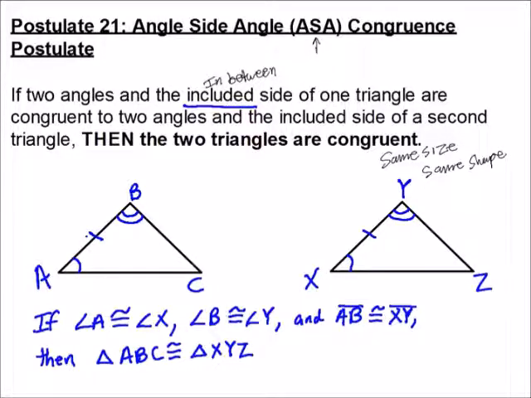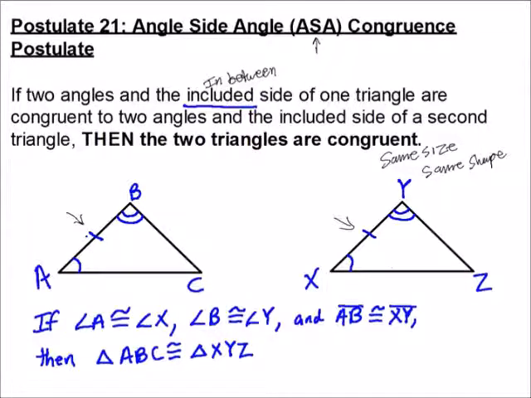So let's look at these 2 triangles. First and foremost, you need a pair of angles. So if angle A is congruent to angle X, if angle B is congruent to angle Y, and then the side in between, so AB is in between these 2 angles, XY is in between these 2 angles, then your triangle ABC has to be congruent to XYZ.